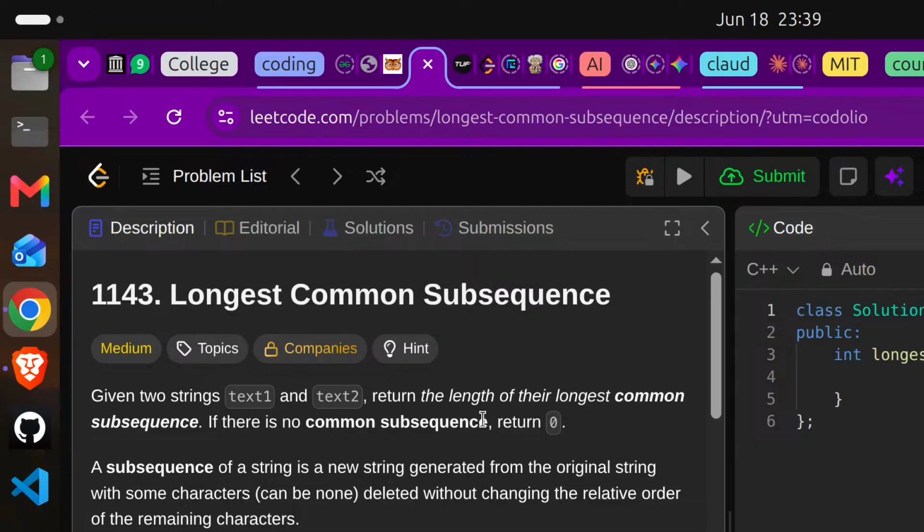We will move forward. If it is not equal, then else what do we do?